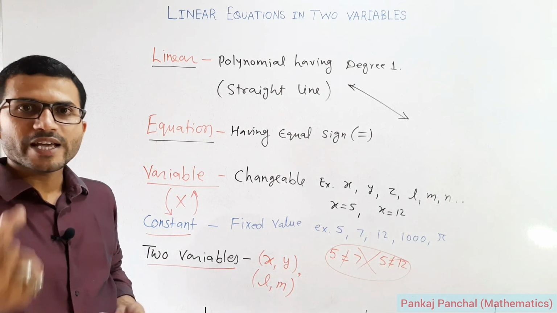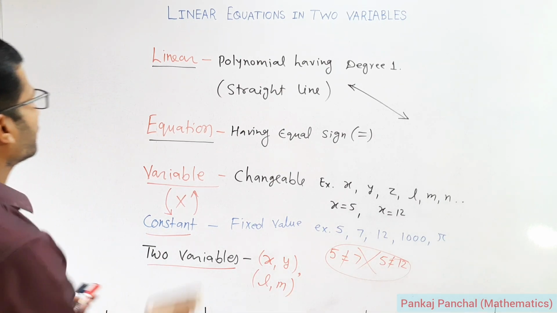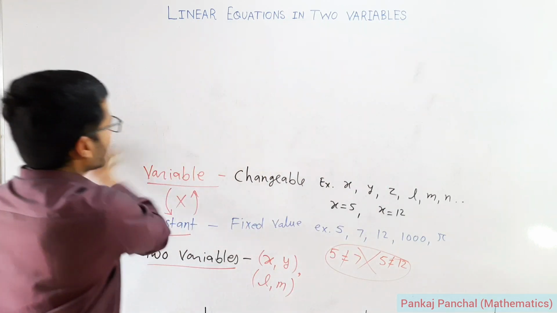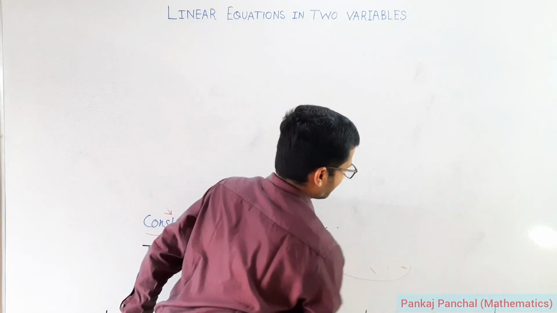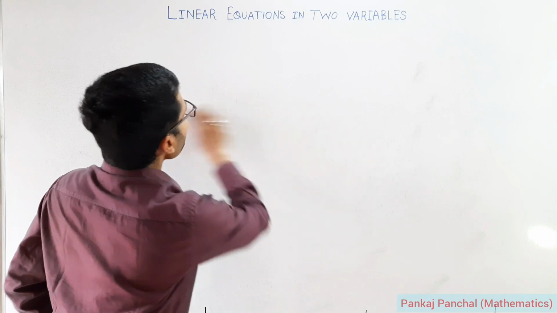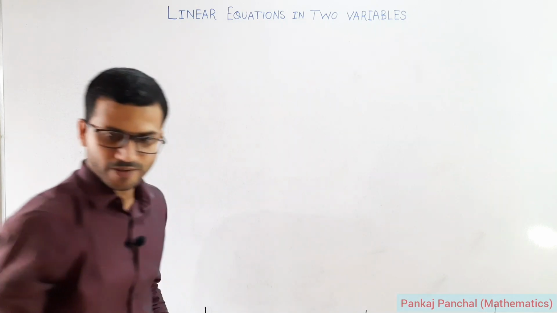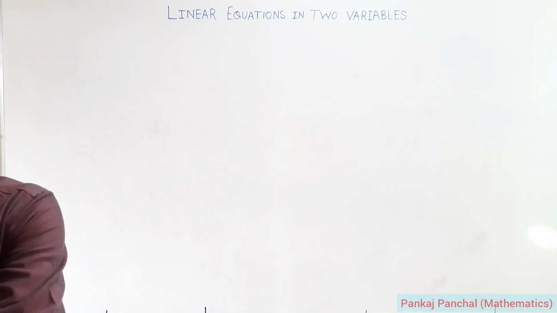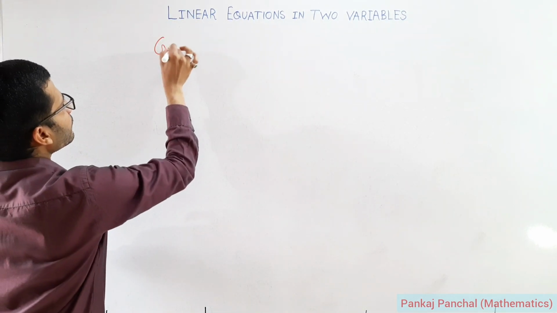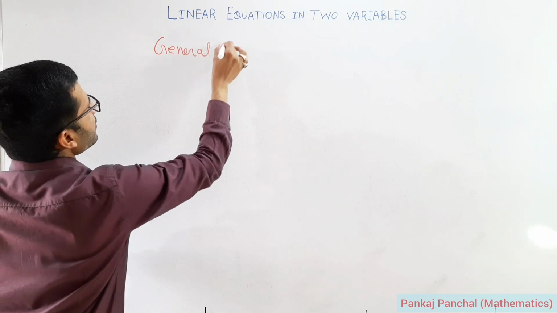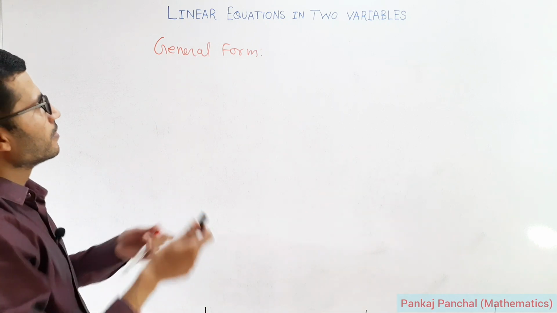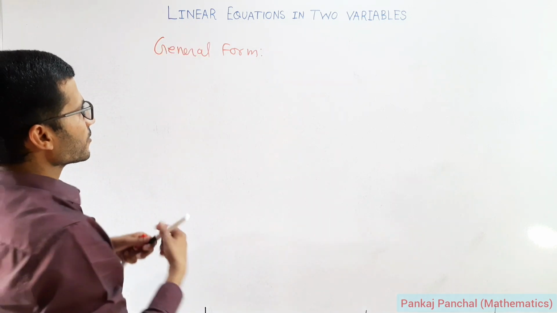Now I am going to explain one example. Now look at the general form of linear equation in two variables. It has two equations.